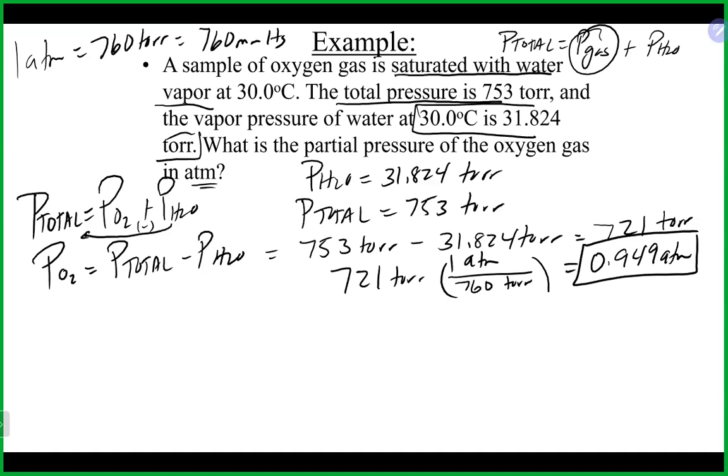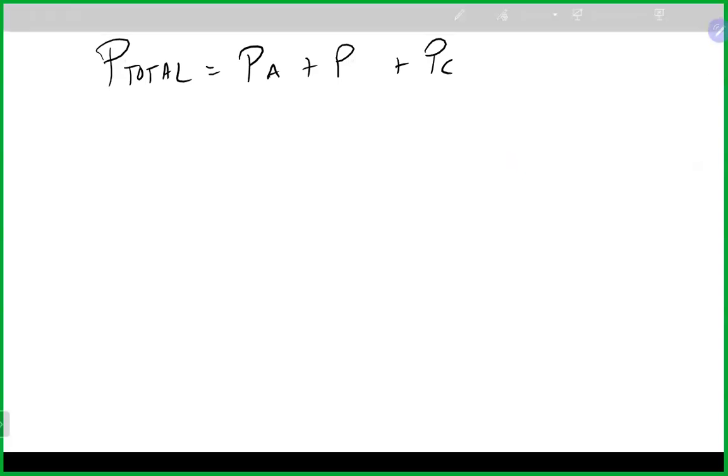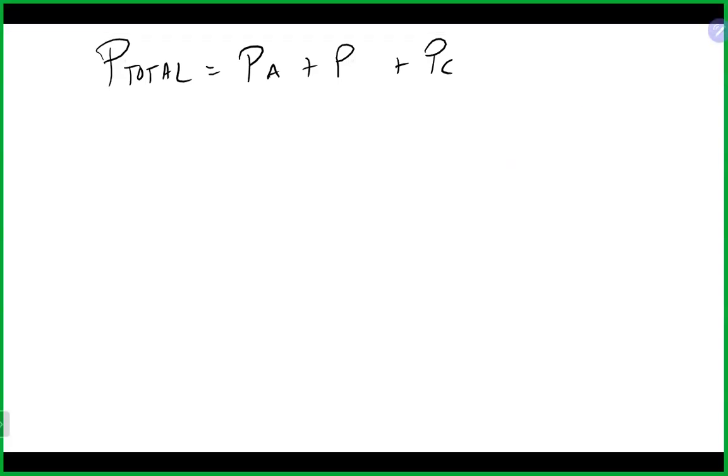You could also use this relationship, right? If you knew, for example, let's say you had something like this where we had 3 different gases, and you know the total pressure is a result of each of those gases' partial pressures added together.